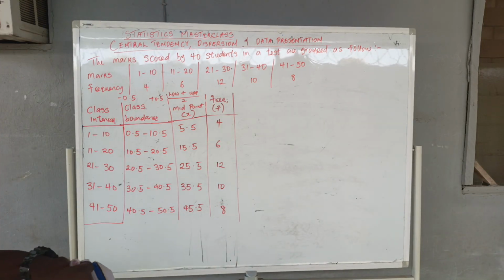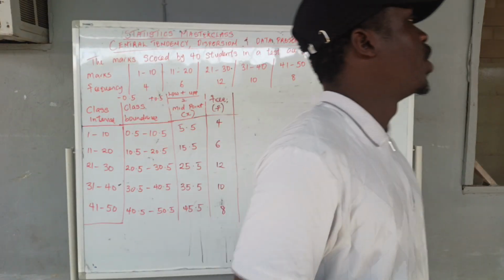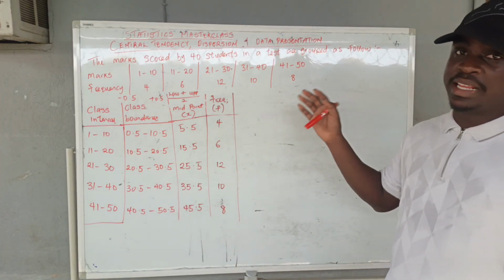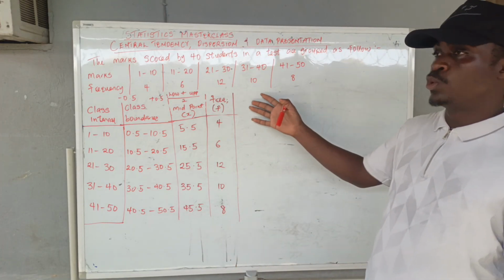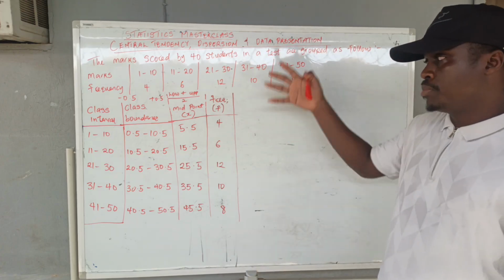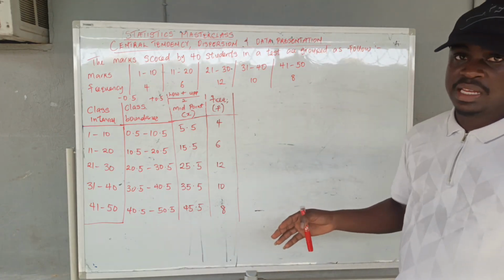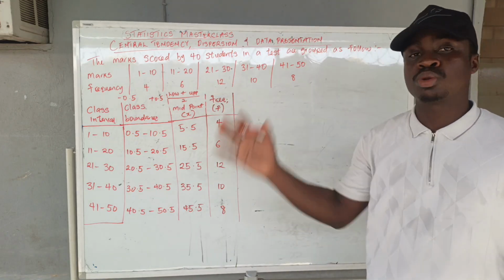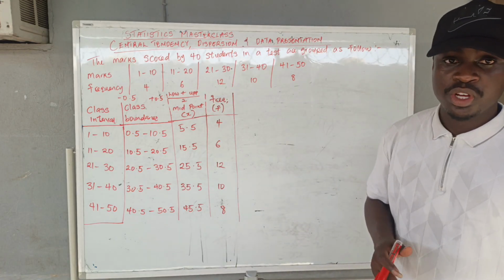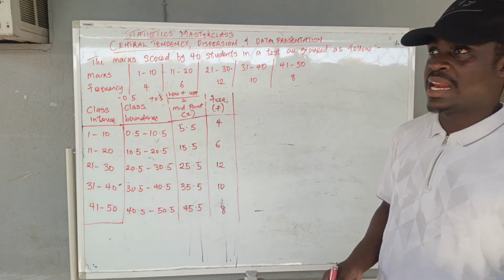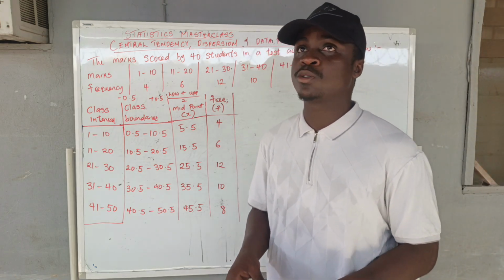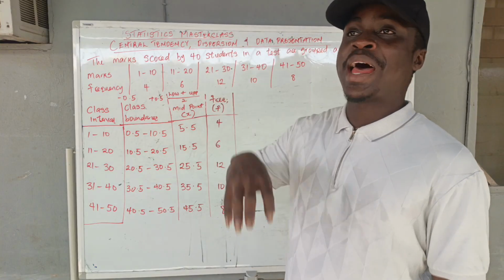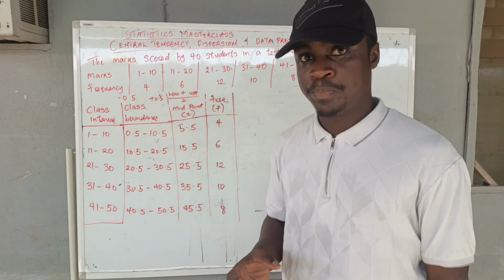Now you see, for you to get your master data table, you need to sum your frequencies together. Summation means you add the total frequency together. Any column that contains a frequency value has to be summed.